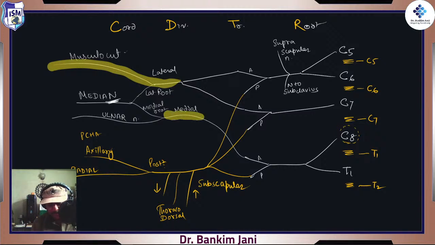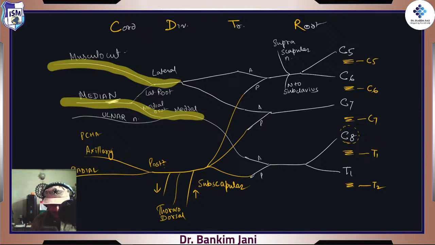medial cord, you have to draw it like this. This means it is the medial cord that will continue as the medial root of the median now. So who will be giving more contribution to the median now? It is the medial root, right? And the ulnar will be thinner.